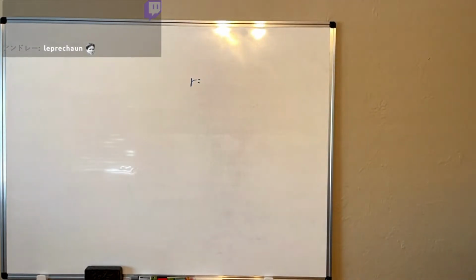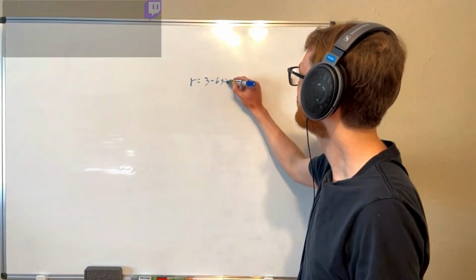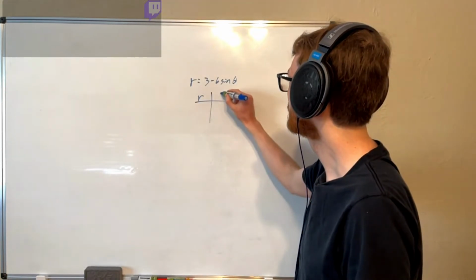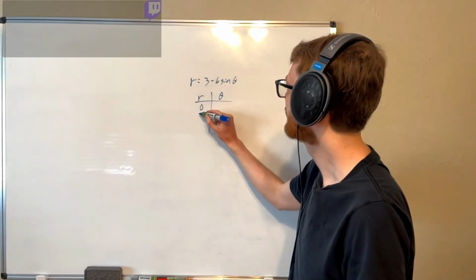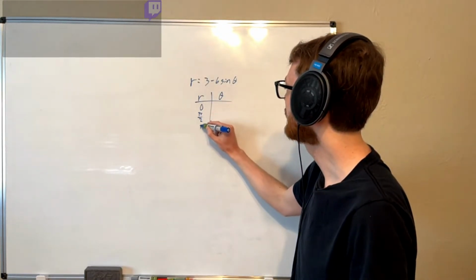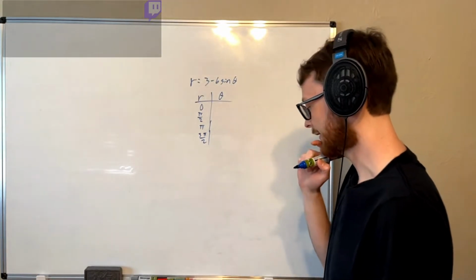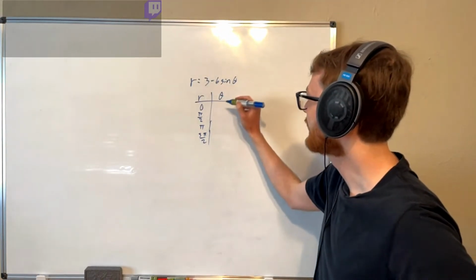So you have r equals a face with a mouth? Yeah, kinda. 3 minus 6 sine theta. All right, so let's try our same chart. 0, pi over 2, pi, 3 pi over 2. Sine of 0 is 0, so 3 minus 6 is a negative 3.